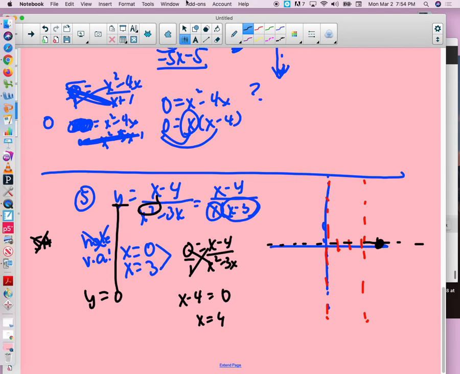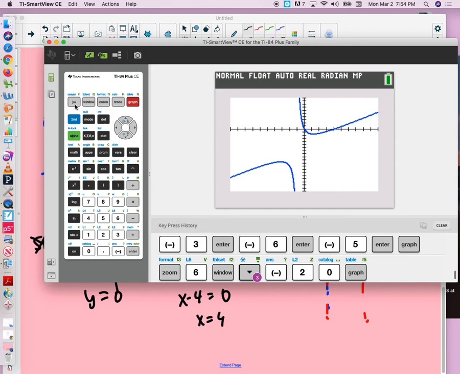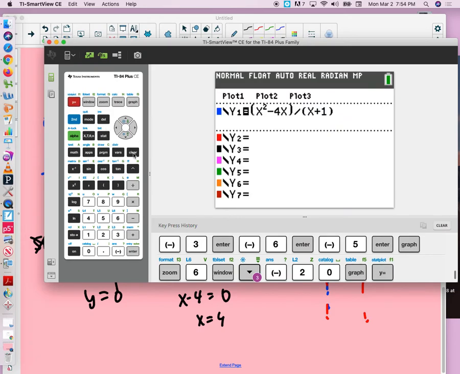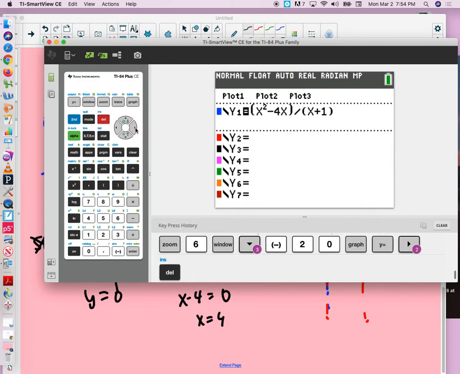And now I'm going to find some points. So don't forget to put your new equation in, x minus 4 divided by x squared minus 3x.